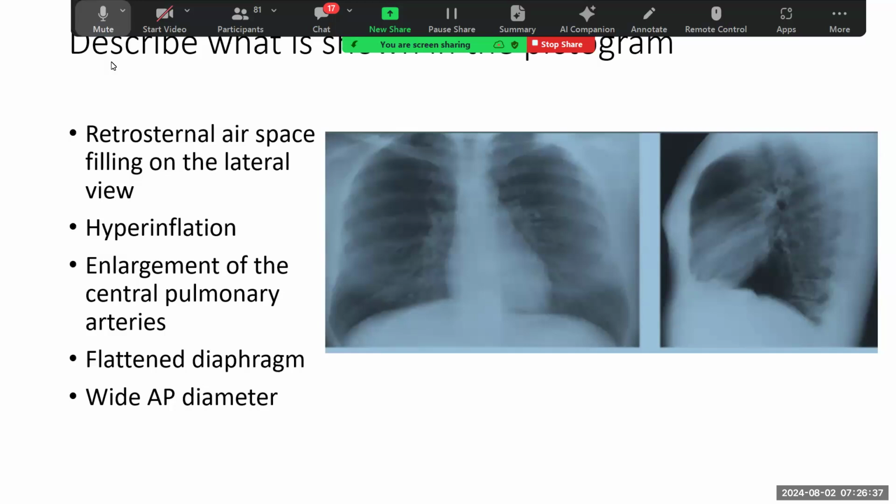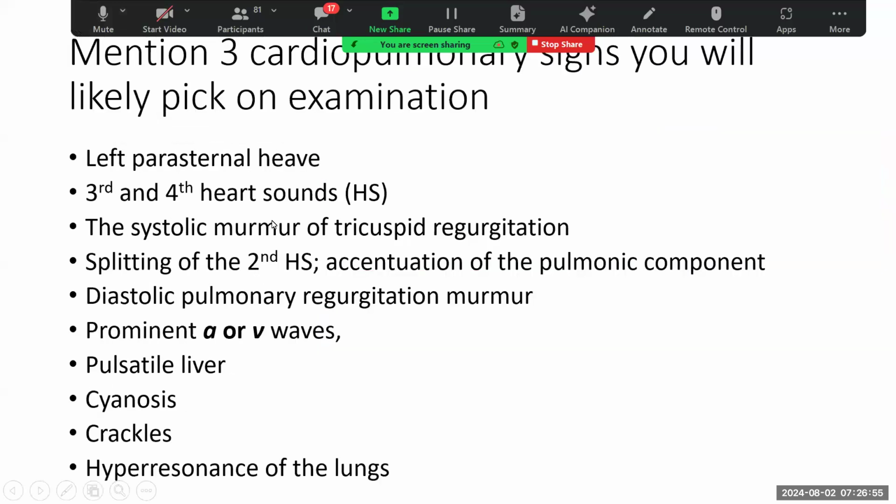Thank you very much to the presenter for the presentation. Good morning, my teachers. My comment is, if you can go to the slide, it talked about the signs in a really sick patient. The third and fourth accent, I'm not sure, is it on the right side or the left side?